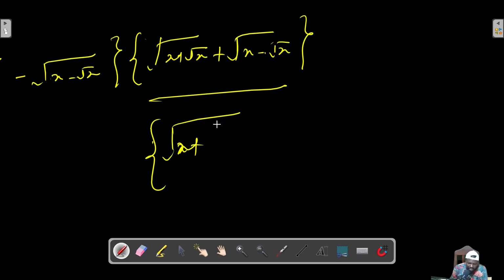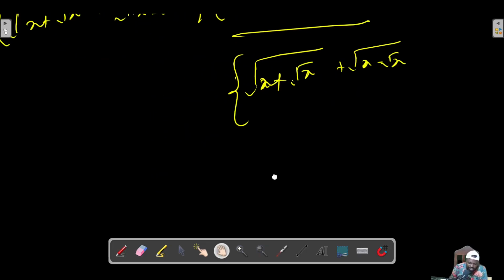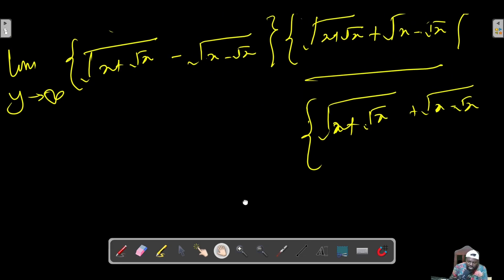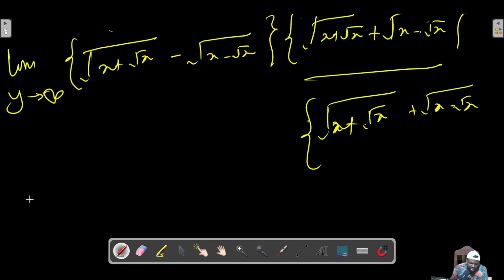Or I've wiped everything, no problem. Let me just start again. As I said, the numerator can be written as a difference of 2 squares. I just pressed on something and everything went.